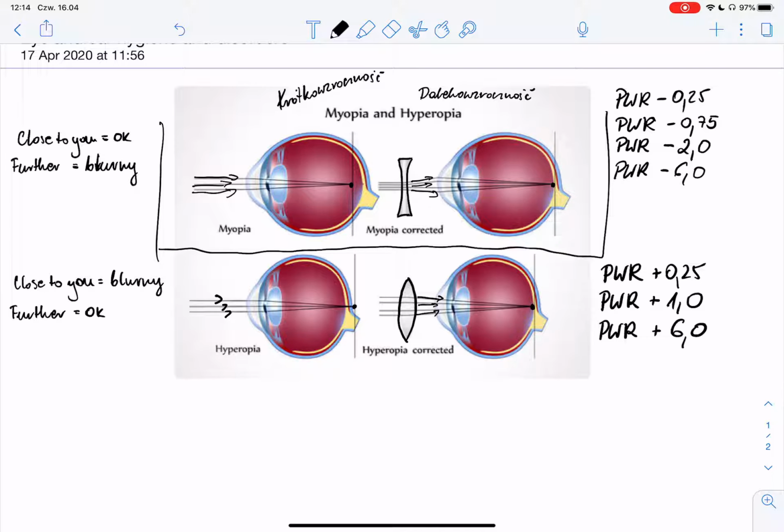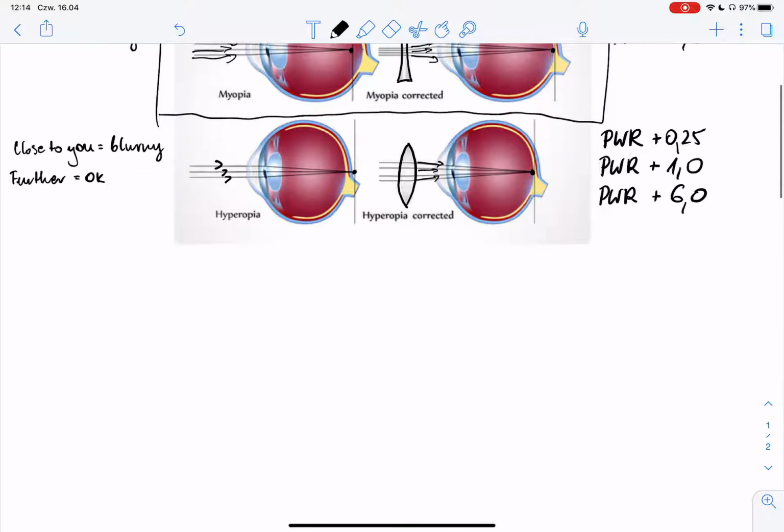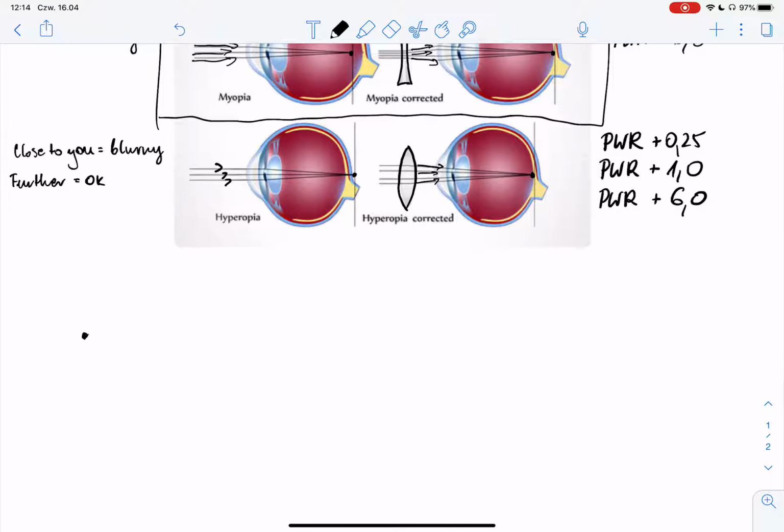But there is also something else that can go wrong. Sometimes the light isn't focused in a single point on the retina, but a certain object is projected more like a line. Usually, when you have a dot and you see it, it will go through the lens in your eye and it will be projected on the retina as a point.